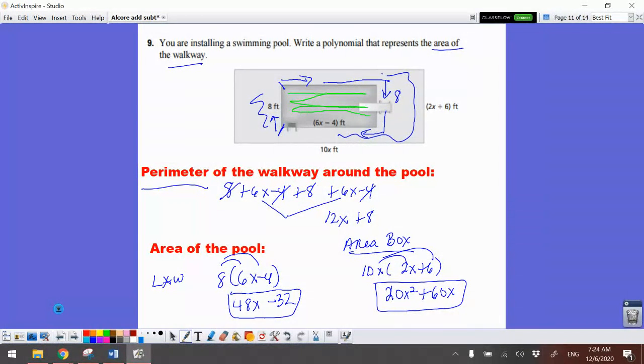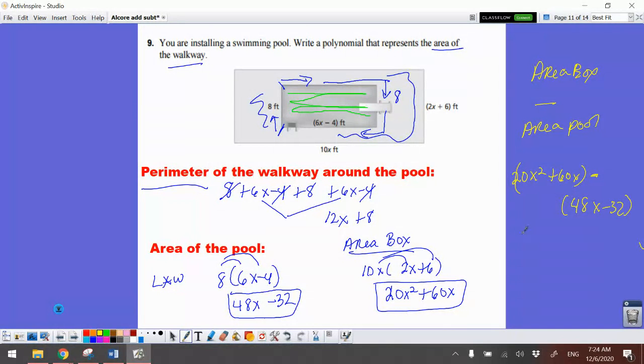Do I have it already? No, I don't have it already. I need to get it, and I need to get it by subtracting. So I actually have to take the area of the box minus the area of the pool. So I have 20x squared plus 60x minus the 48x minus 32.